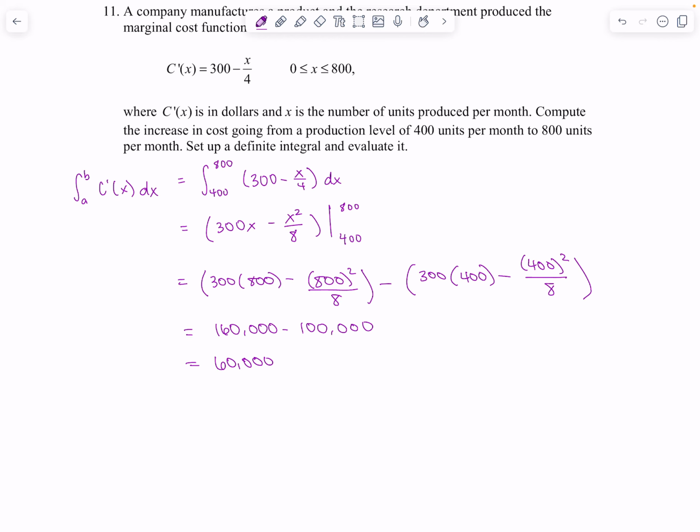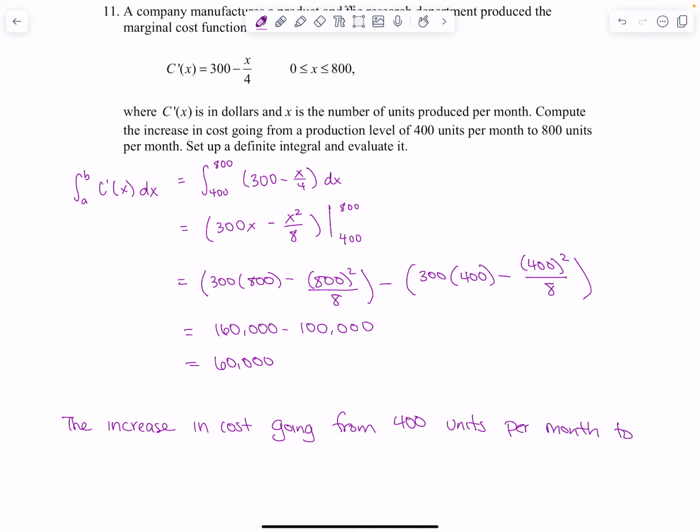We'll write the increase in cost going from 400 units per month to 800 units per month is $60,000.